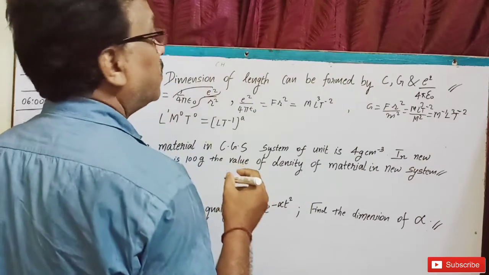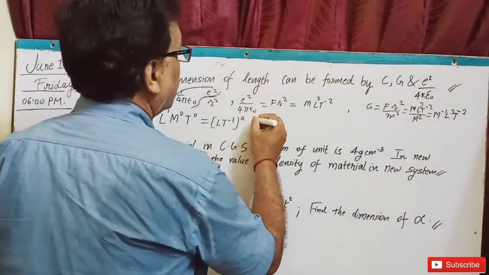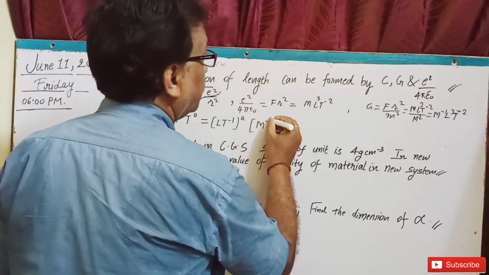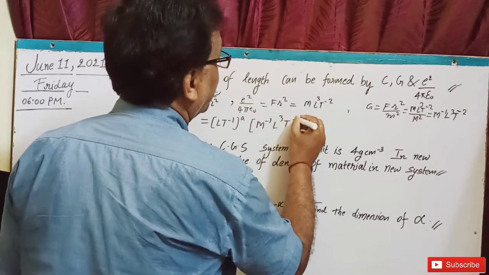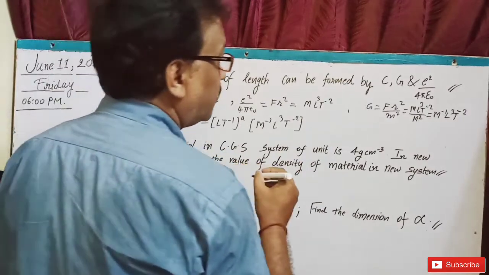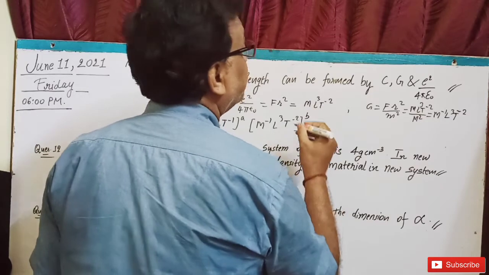Okay? Now we write here G as M minus 1 L cube T power minus 2, power b.